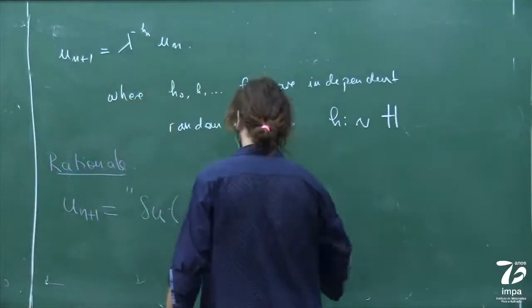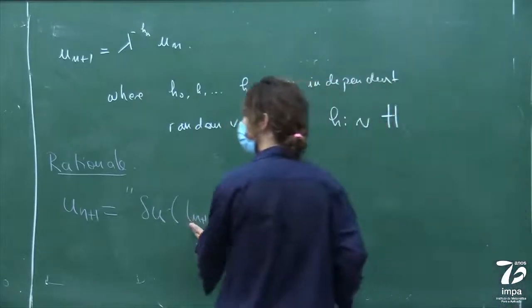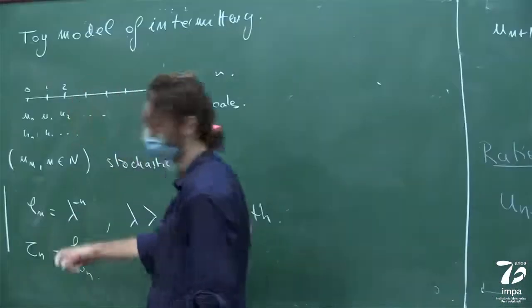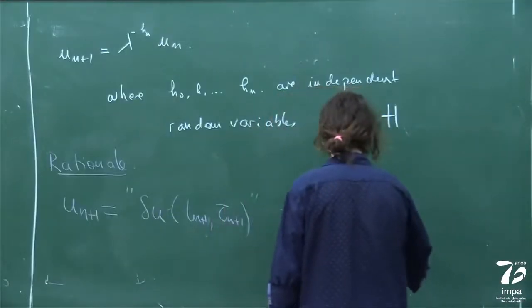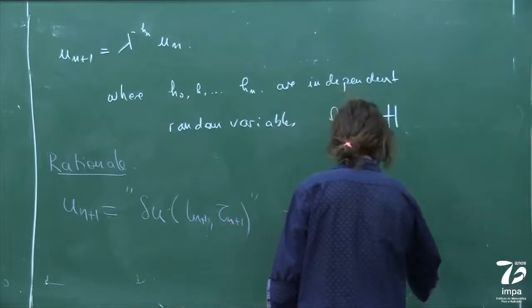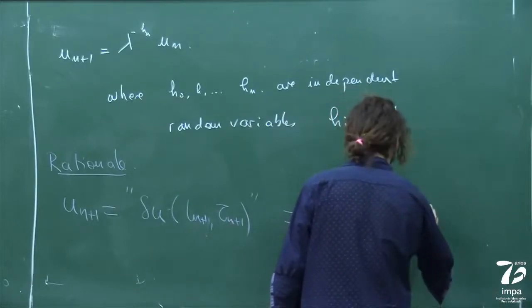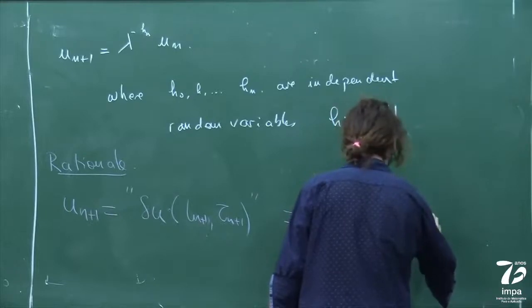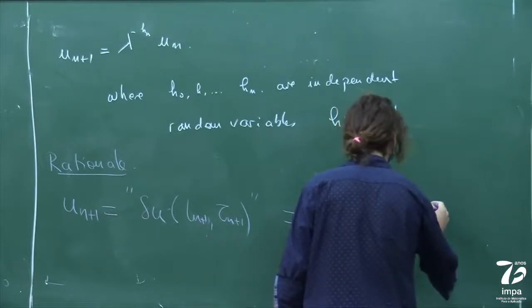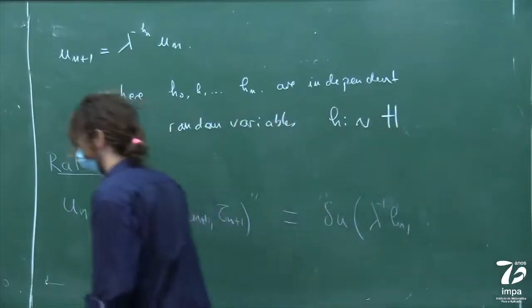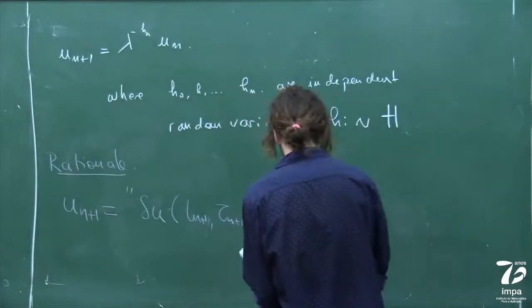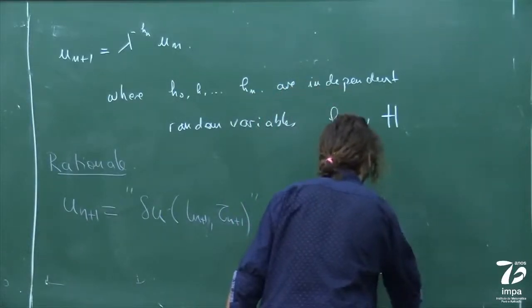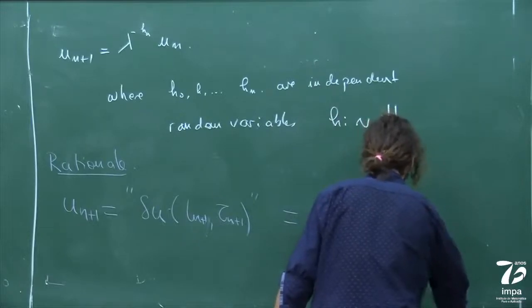So Ln plus 1, because of this relation, is delta U of lambda minus 1 Ln, tau n over lambda to the 1 minus Hn.